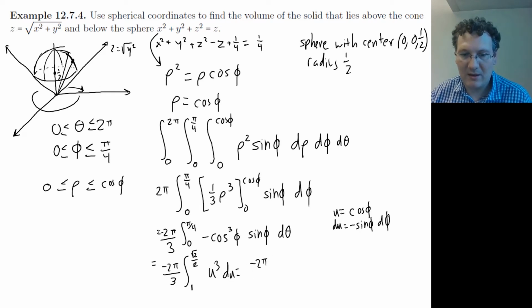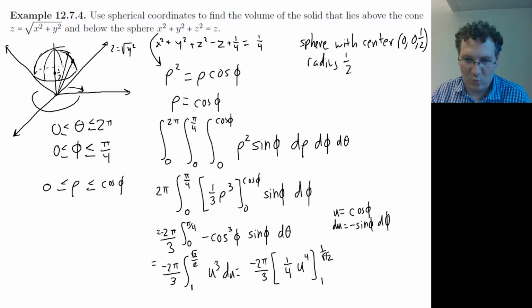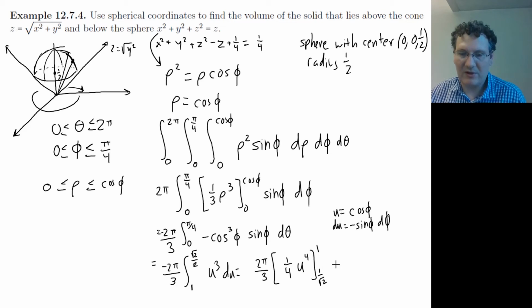So we have negative 2 pi over 3, and then we're going to have 1/4 u to the fourth from root 2 over 2, which might as well just write that as 1 over root 2, to 1. Now, 1 over root 2 is smaller than 1, so we could flip those over. Let's do that, actually. I'll make this thing positive, and I'll just change the bound so that I have 1 up top, and 1 over root 2 down below.